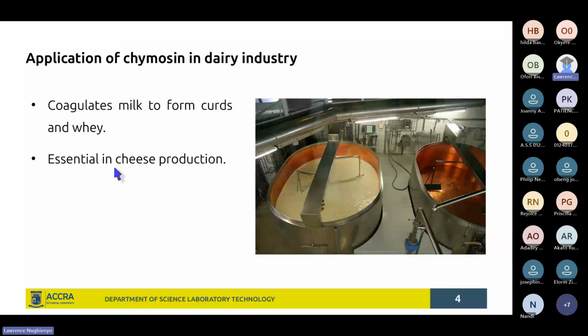Of course, now there is production of this enzyme from different sources, where some of it is by genetic engineering, where you have the extract from the animal, the genetic code, which is responsible for coding for the protein of chymosin, is then recombined, so that you have a recombinant DNA which is then infused into bacteria.